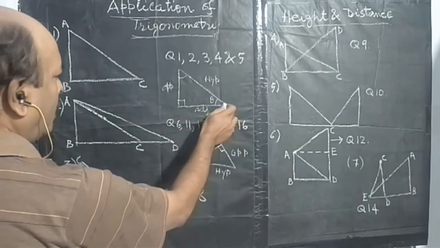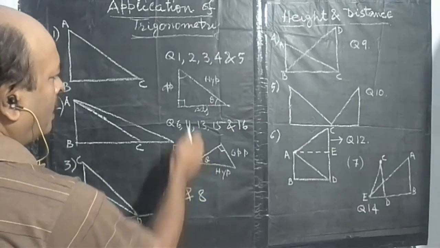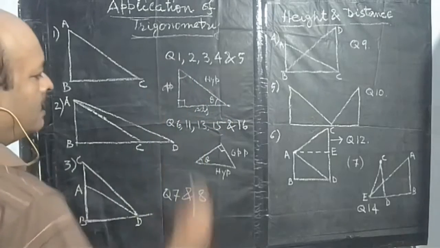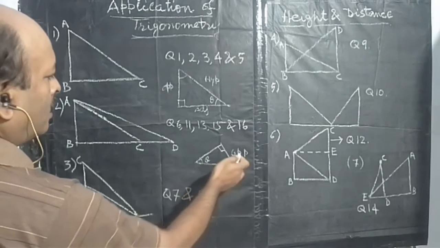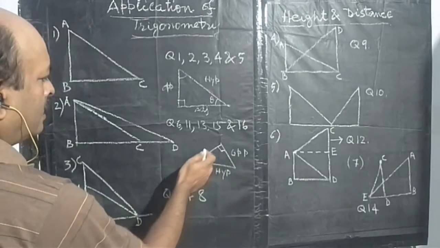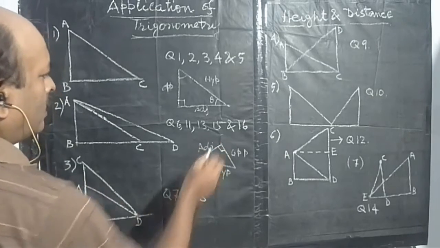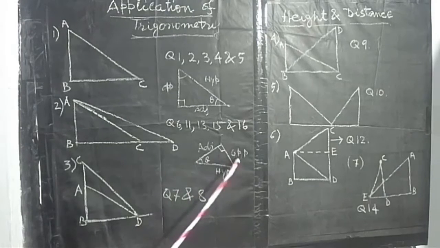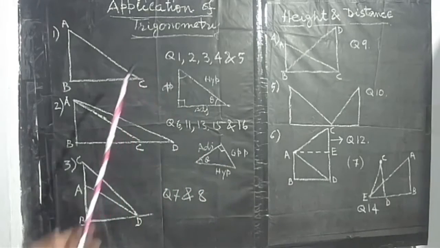The side attached to the angle is adjacent, and the side just opposite to the angle is opposite. So it is better to say adjacent side, opposite side, hypotenuse, instead of base and altitude.